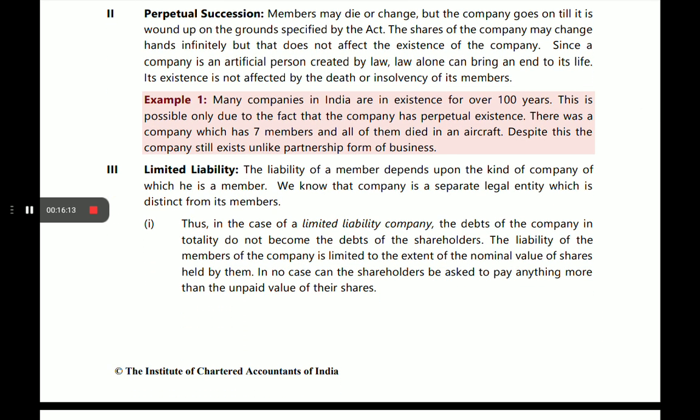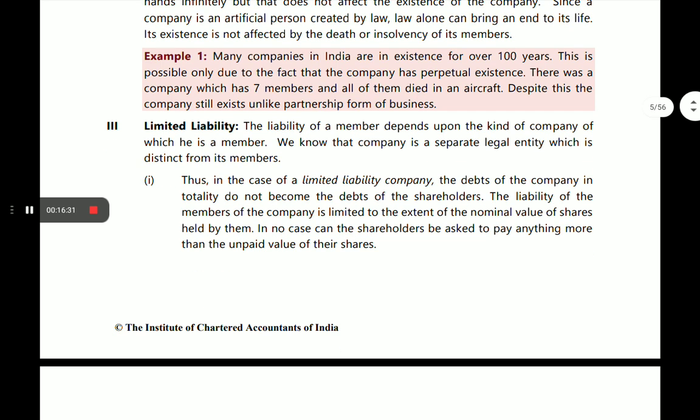Limited liability. The liability of a member depends upon the kind of company of which he is a member. We know that a company is a separate legal entity which is distinct from its members. Thus, in the case of a limited liability company, the debts of the company do not in totality become the debts of the shareholders.